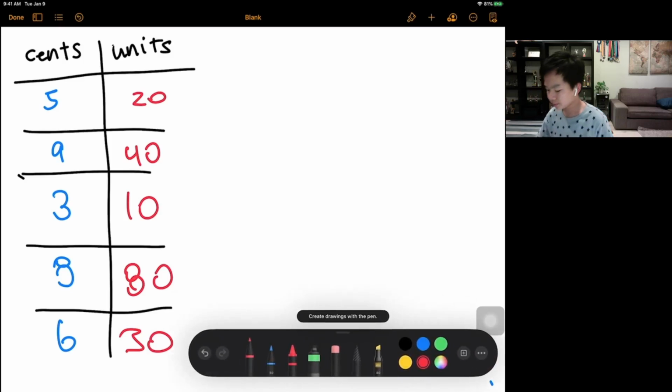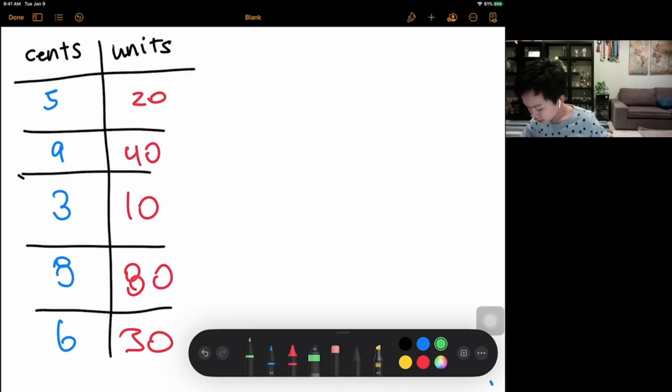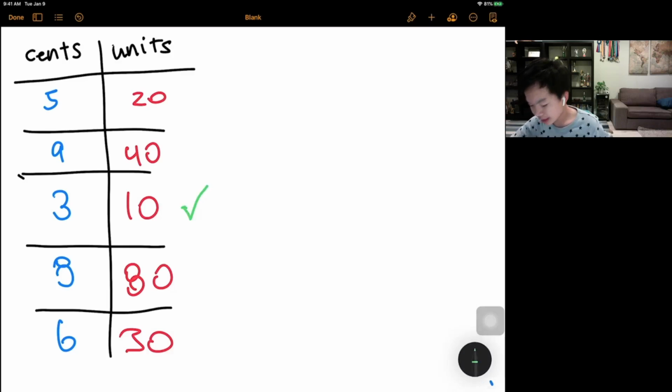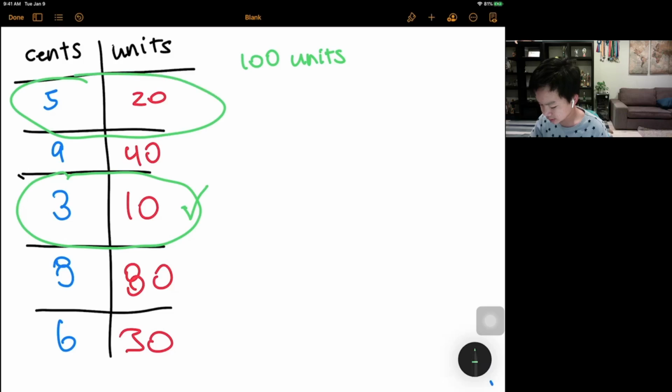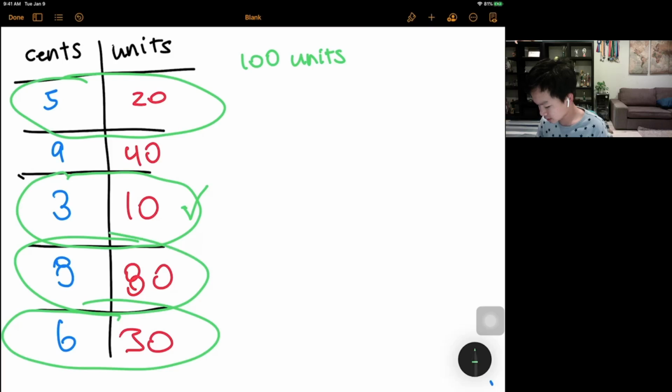So as the problem says, it's best to buy all of these 10 units. And our goal is to have 100 units of milk. So the best way is to buy this whole thing, all these, this, and some of this.